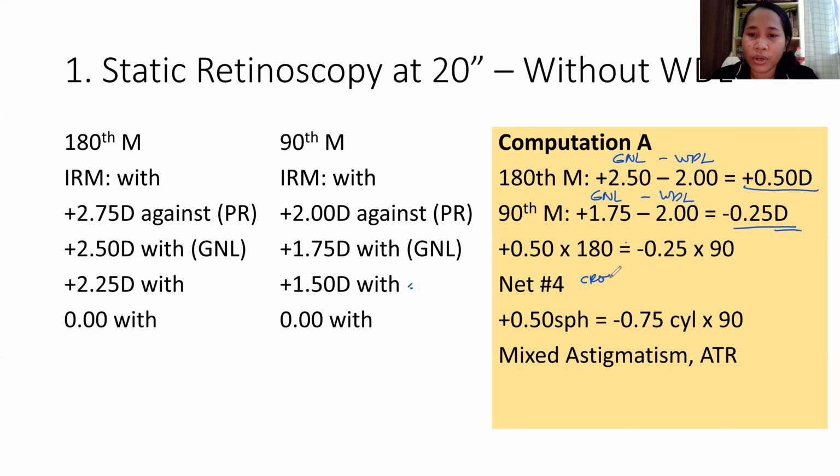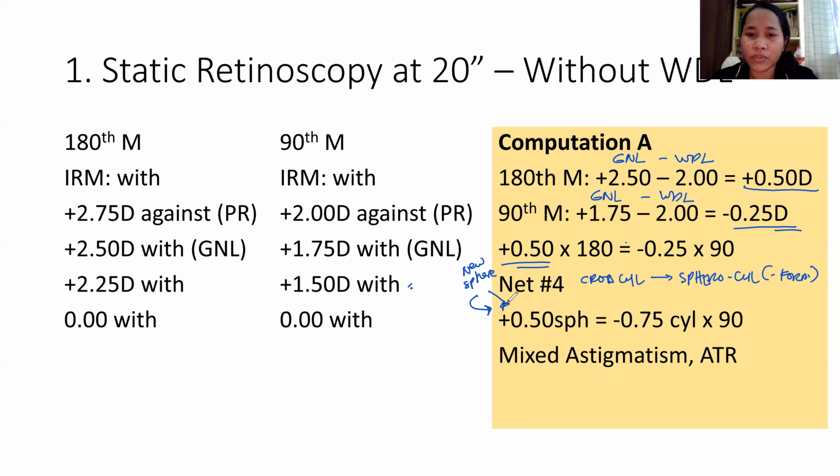So cross cylinder, convert to spherocylinder, minus form. Okay? So here, plus 0.50 and minus 0.25, the more plus and least minus here is the plus 50. So this will be our new sphere, right?